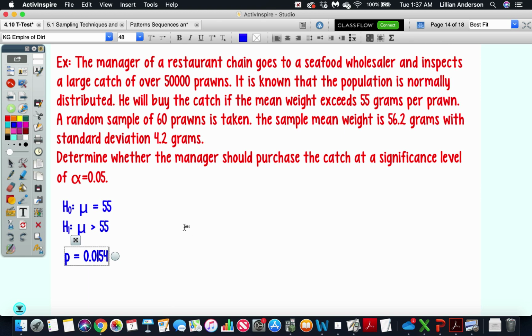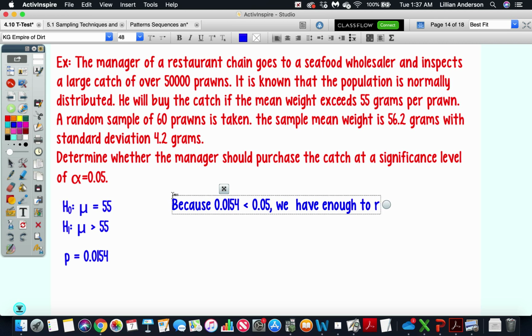So step 4. This is where we're going to determine whether or not we're going to accept or reject. Because our p-value, which is 0.0154, is less than our significance level, which is 0.05, that lets us know that we have enough evidence to reject our null hypothesis.